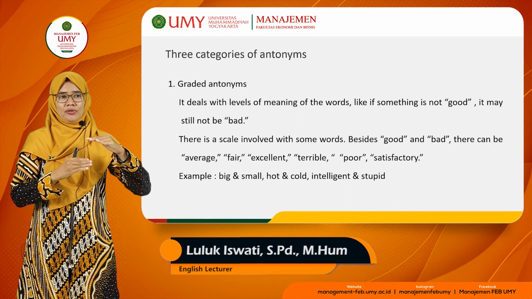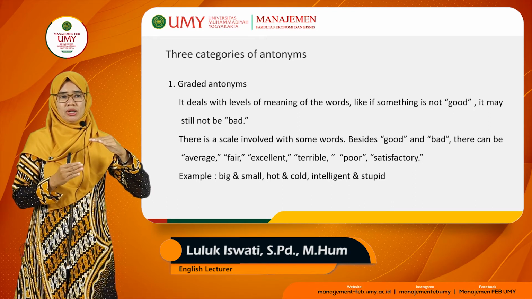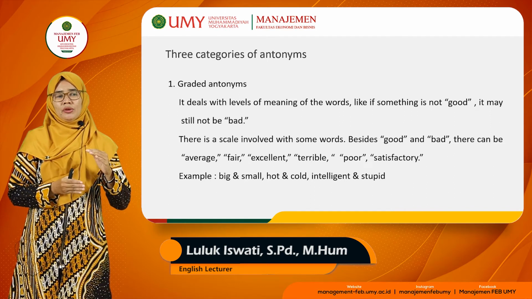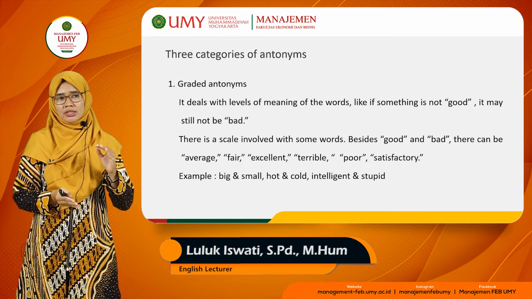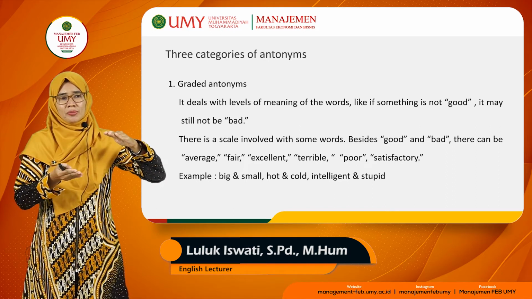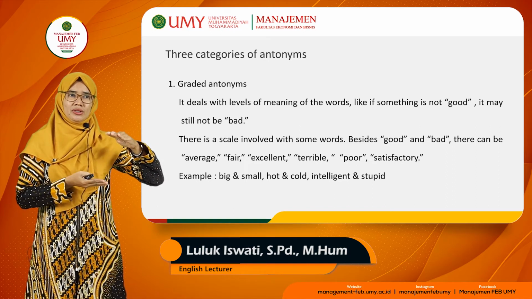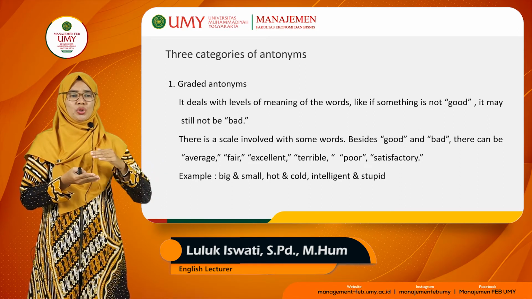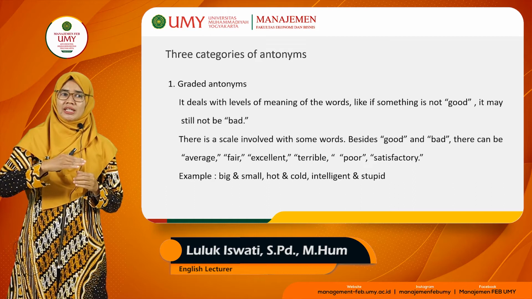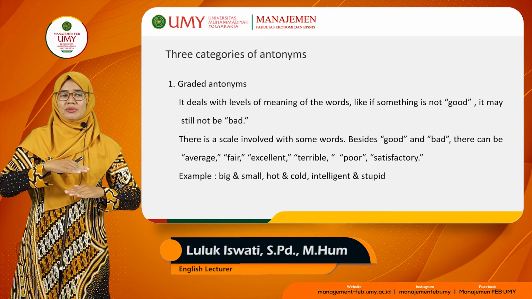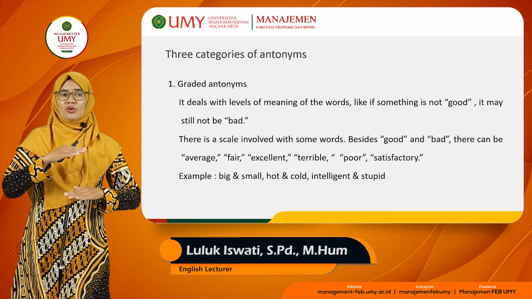For example, here the words big and small, hot and cold, intelligent and stupid. When something is not big, it is not always small, because it can be rather big, pretty big, quite big, and so on. And also when something is hot, it doesn't always mean that it is cold, because there is something in between. We can use, for example, warm.